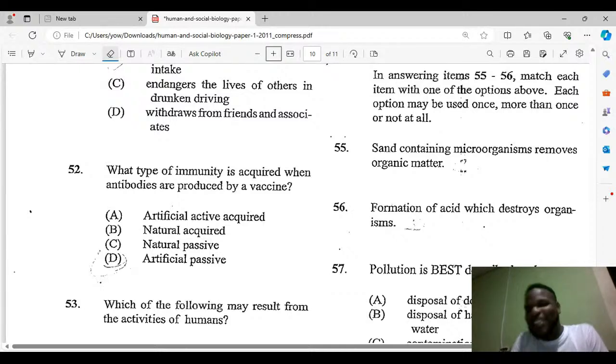But I'm going to lean to D. I think D is the best answer in this situation, but I think both of them are correct.